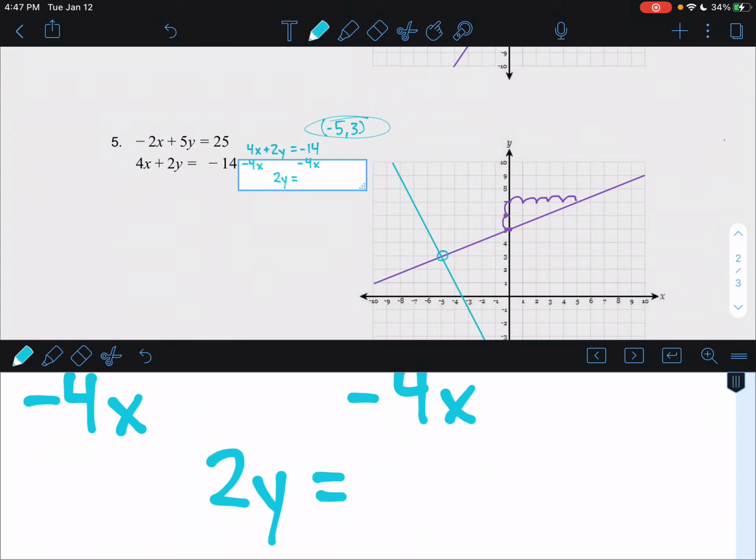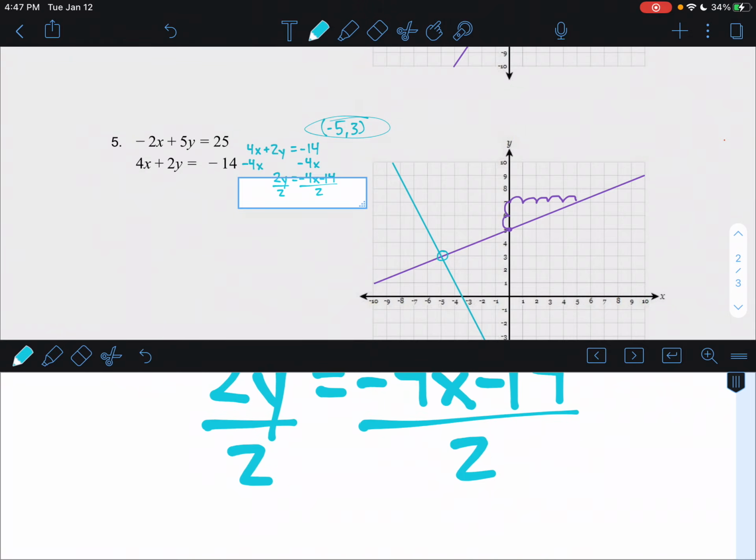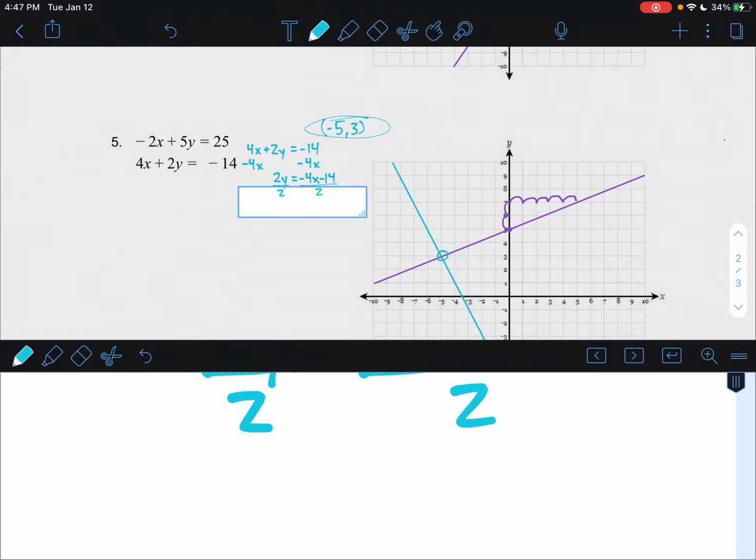And I got 2y equals -4x minus 14. Divide both sides by 2, which gives me y equals, well, -4 divided by 2 is -2x, and -14 divided by 2 is -7. So y is -2x minus 7.